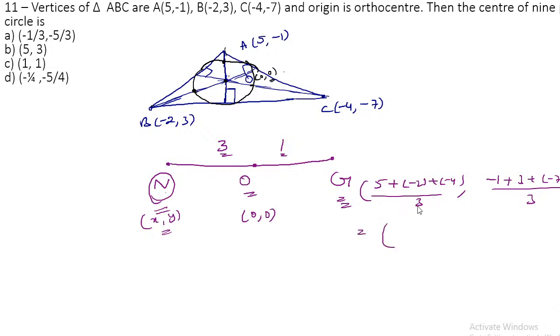So this is equal to (5 - 2 - 4) which is -6... -1 by 3, comma -1 + 3 is 2, 2 - 7 is -5 by 3. So this is the centroid, and now we can find the coordinates of the center of the 9-point circle by using the section formula.